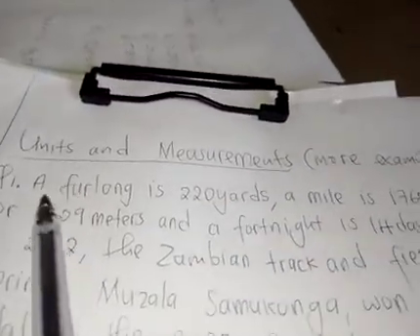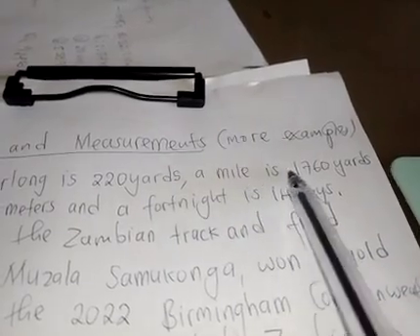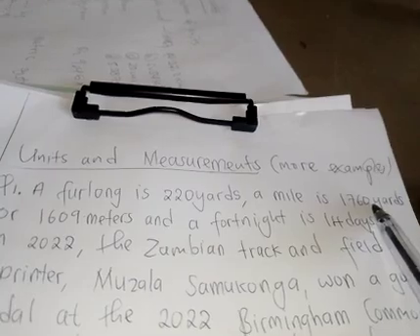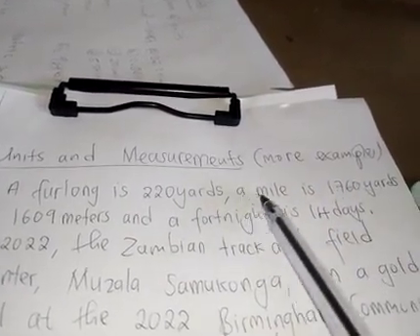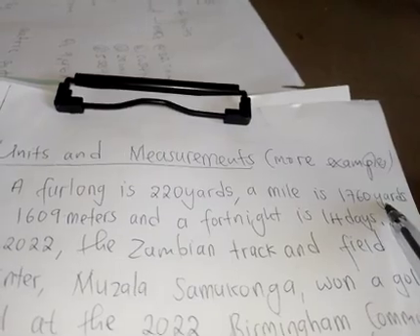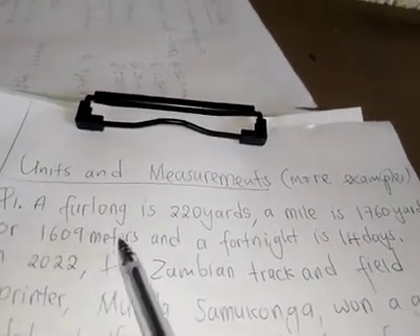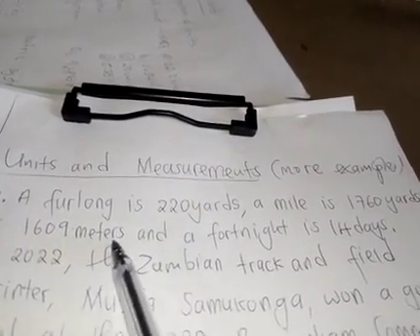A furlong is 220 yards. A mile is 1760 yards or 1609 meters. So simply 1 mile is 1609 meters.